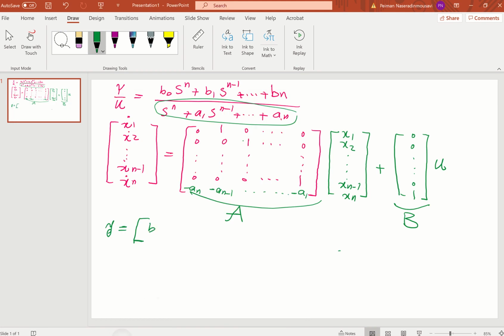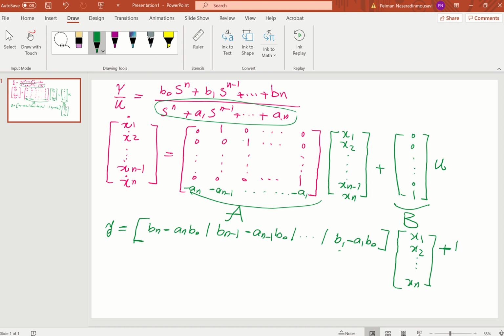The output is Pn minus An multiplied by B0, Pn minus 1 minus An minus 1 B0, and finally P1 minus A1 B0, in state vectors x1, x2, xn, plus b not u, b not u.